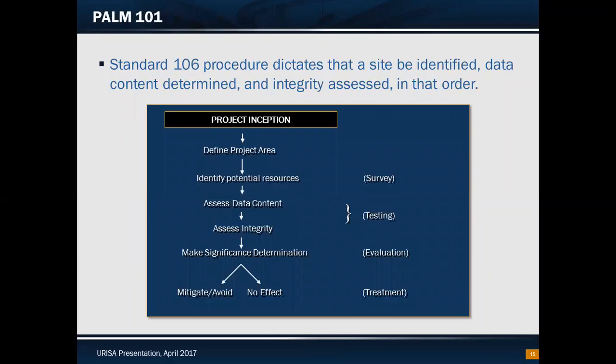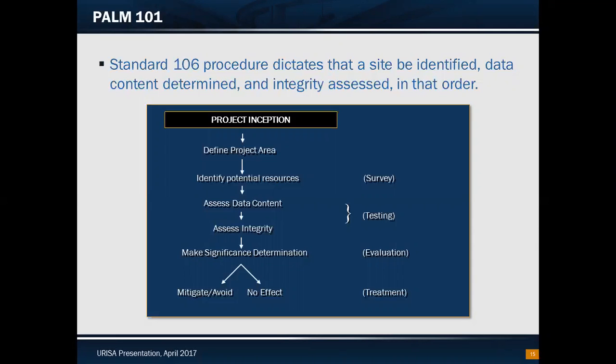So looking at it in a very simplified form, the 106 process consists of, from the project, moving through definition of what the project area is, then identifying resources in that survey, which in some states they call phase 1, and then assessing the data content and the integrity of any sites that are located, at least in the archaeological realm.